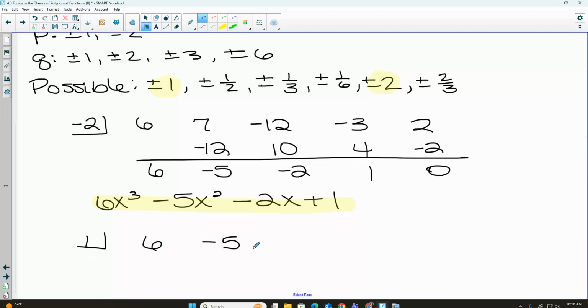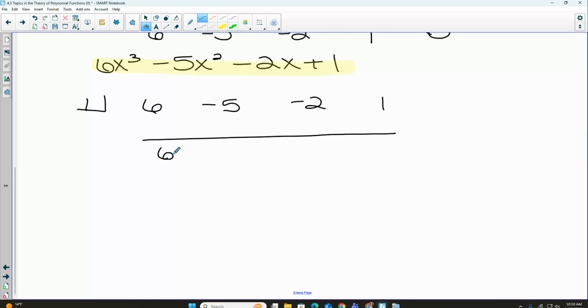So I'm going to take that answer I got previously, divide by 1, and that's 6x squared minus 5x minus... Now we have a quadratic, so now we can just go to slip and sliding.